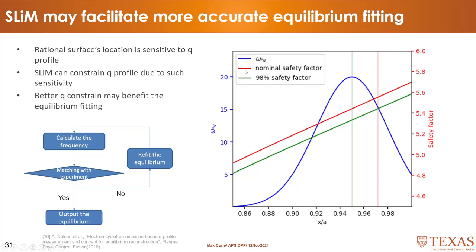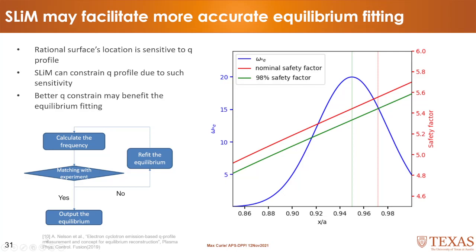For example, on the right, the nominal q profile is the red curve, which has a rational surface that is further away from the peak of omega star E. If we shift down the safety factor by 2%, then we found that the rational surface will align perfectly with omega star E. This 2% change takes the rational surface from stable to unstable. Therefore, it's very useful to exploit that idea to constrain the q profile in the pedestal region.